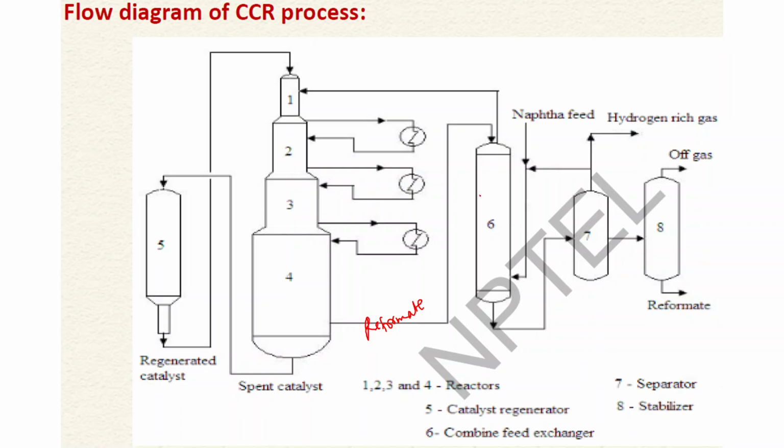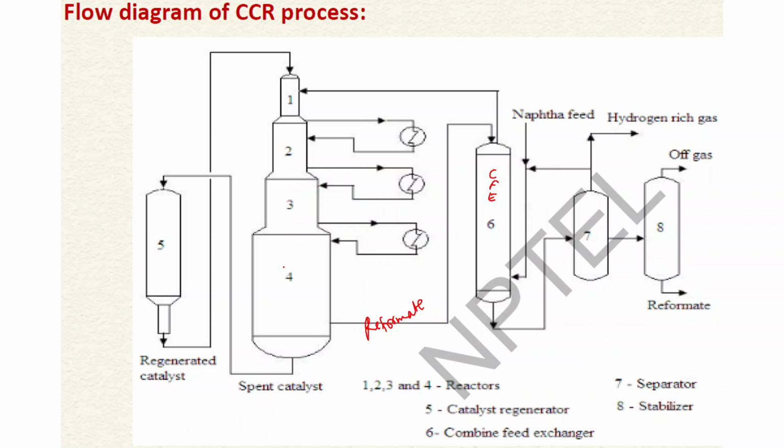It goes into this combined feed exchanger, where the mixture of naphtha and hydrogen exchanges heat with the reformate, and it is then sent to the first reactor, where the reaction takes place. The product from the first reactor goes to a heat exchanger for exchanging heat and is sent into the second reactor. The product from the second reactor is further sent for heat exchanging and sent into the top of the third reactor.